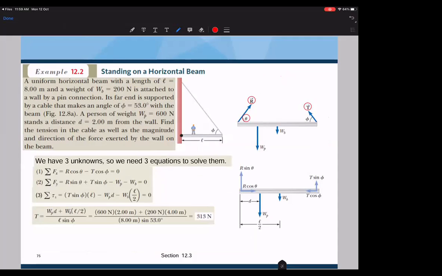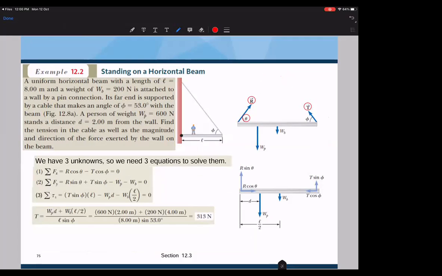There are other situations which you would have a static equilibrium as well. And this is a slightly more complicated scenario. You have a beam and a worker is on the beam. So the beam is supported by 2 things.